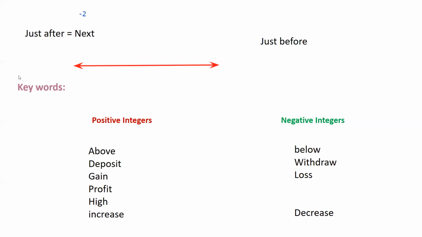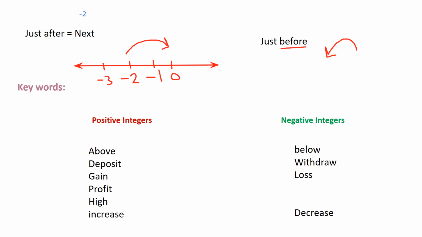He asked about -2, so here we have 0, -1, -2, -3. When he says after, just after, or next, it means that you are going to jump forward. But when he says before or just before, you are going to return back, jump backward.